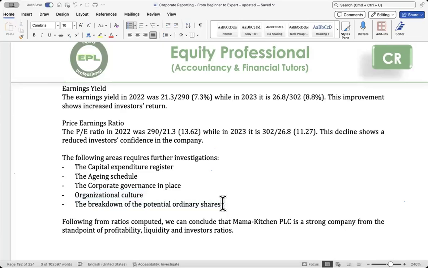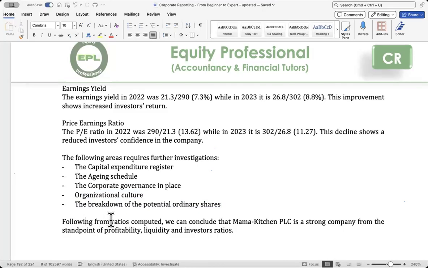I'm asking this because I saw that they gave us diluted EPS. So let's have the breakdown of potential ordinary shares so that we'll know when they would actually become ordinary shares, and some other points you might also raise.